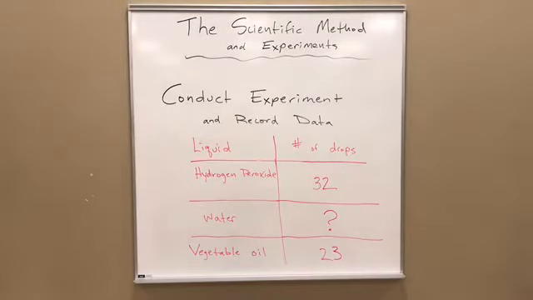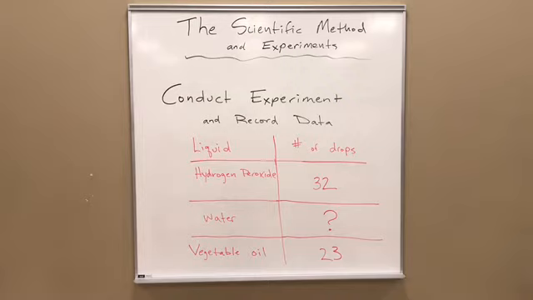All right, so the next step in our scientific process is we need to conduct the experiment and record the data. As you saw, we just conducted our experiment and we got our data points. We are then going to be sharing a Google Sheet with you that you need to fill out because you need to fill in your water number of drops so we can compare all 3 liquids.